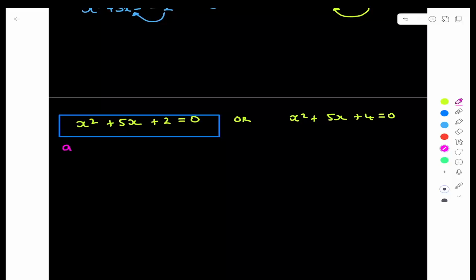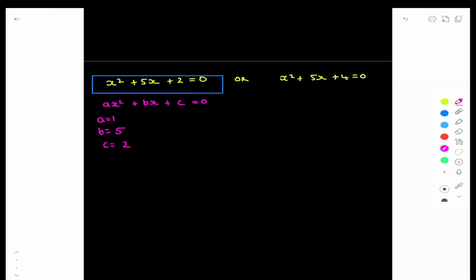Remember, any quadratic equation can be written in standard form, which is ax squared plus bx plus c equals 0. In this case, the coefficient in front of x squared is 1. So a is 1, b is 5, and c is 2.